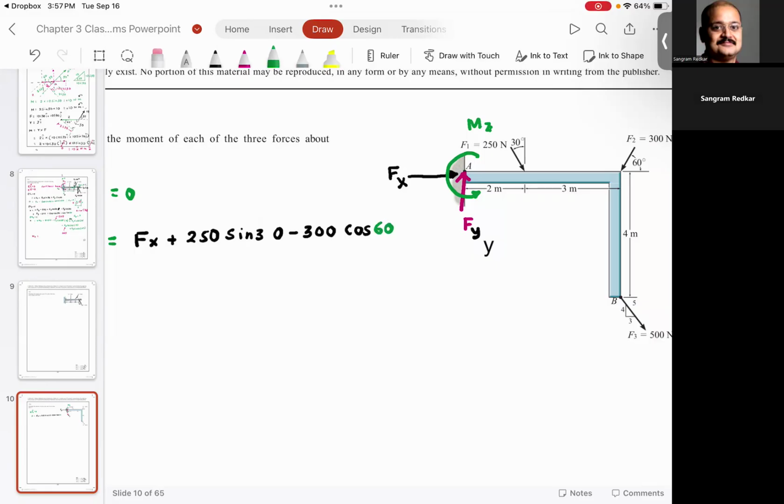Now, can someone tell me, it's easier to just tell me the angle. This angle is going to be 36 degrees. And this angle is going to be 54 degrees. So, can someone tell me what would be the horizontal component of 500?